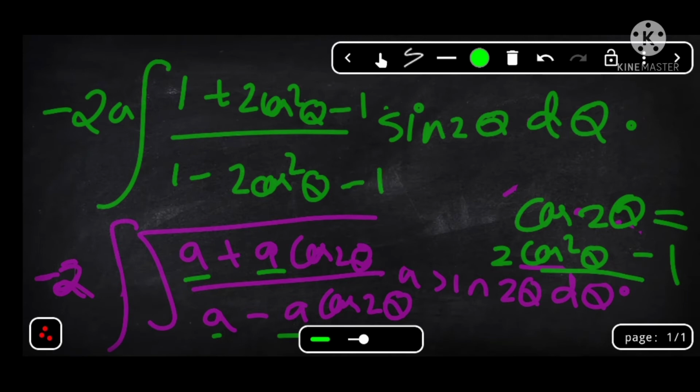Yes, so this 1 minus 1 both will get cancelled. Here also 1 minus 1 will get cancelled. So the remaining is, oh sorry, don't miss this root. Root is there.